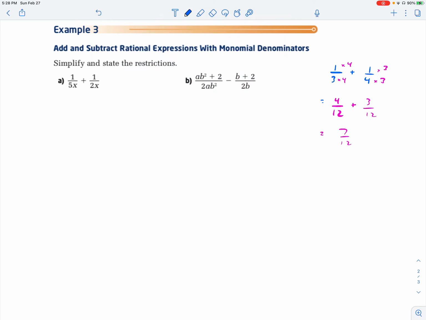So let's go back to blue here. We're going to start by determining the least common multiple, or the lowest common multiple.